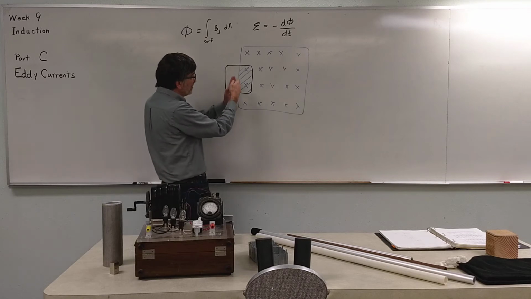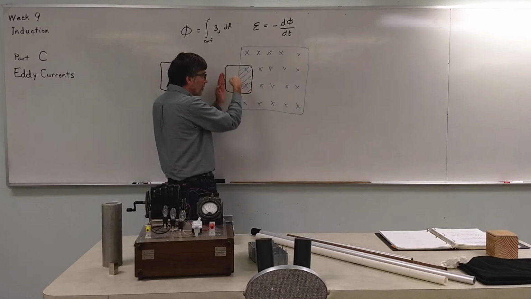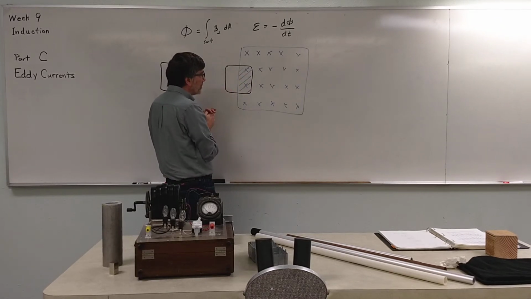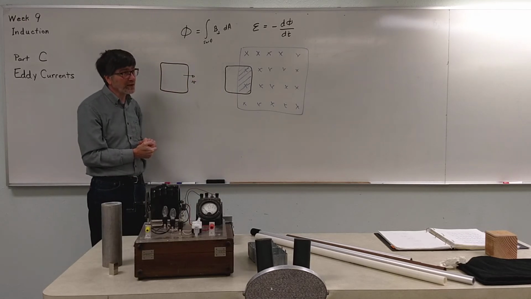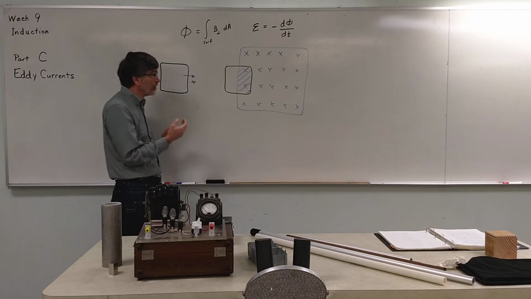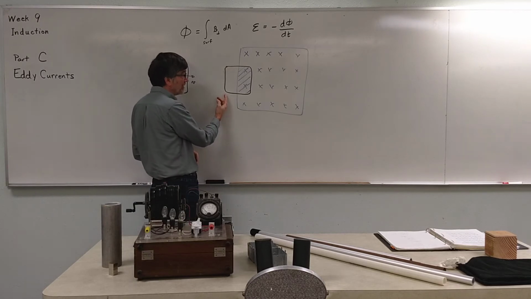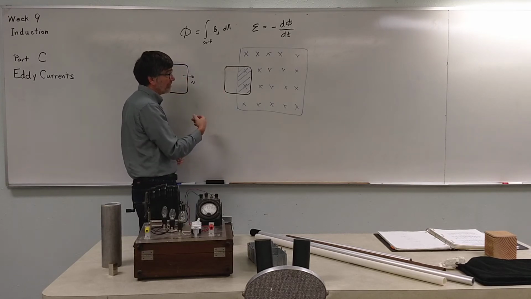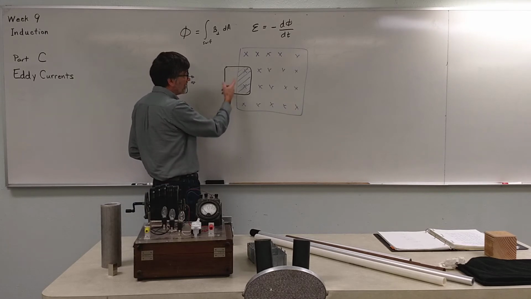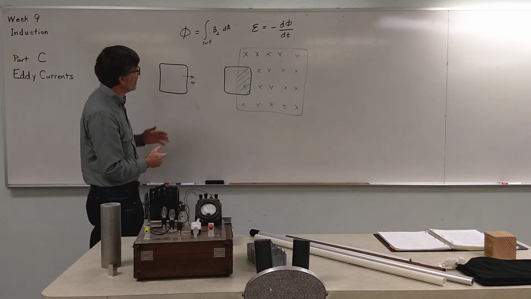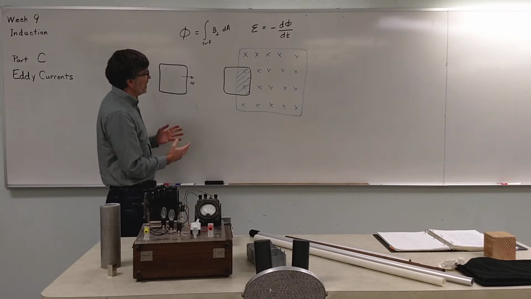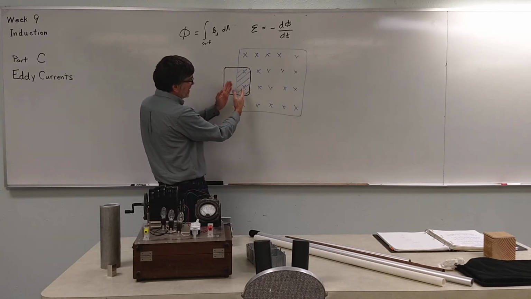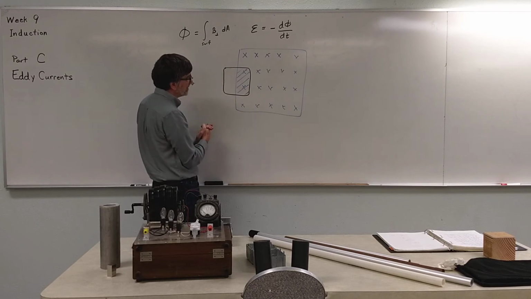So here what we've got is more and more flux going through the loop this direction. So current will go around this loop in such a way as to oppose that, so that the field generated by that current opposes the field that is changing. Let me say that again. The change in the flux is what's being opposed.